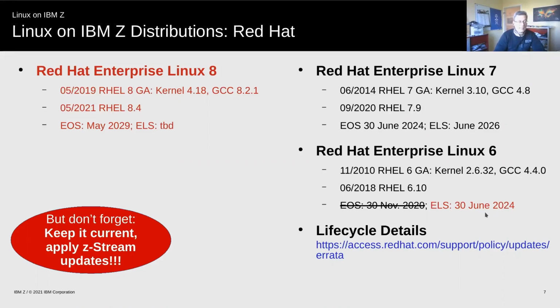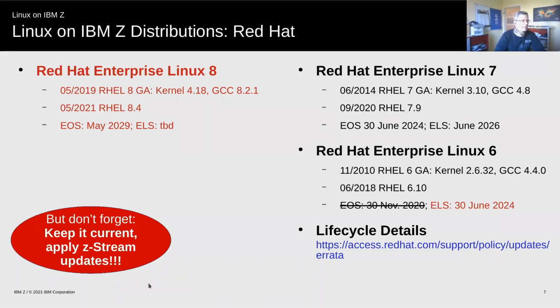And again, just like with SUSE, they have a constant stream of bug fixes and security updates. And likewise, we would definitely urge you to consider applying those whenever they become available. It's called CentOS Stream updates for Red Hat Enterprise Linux. And again, you can save yourself a lot of trouble if you do so.